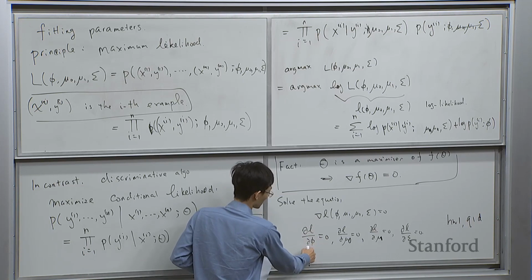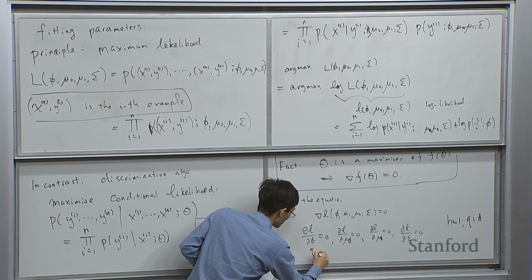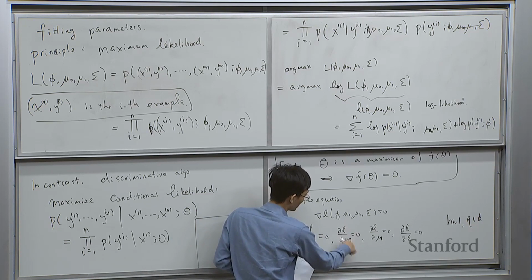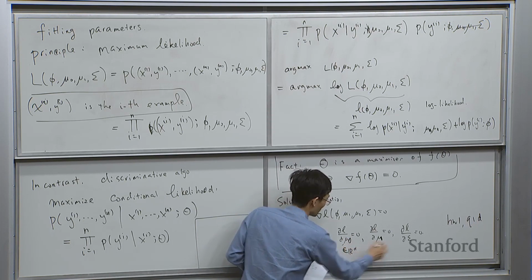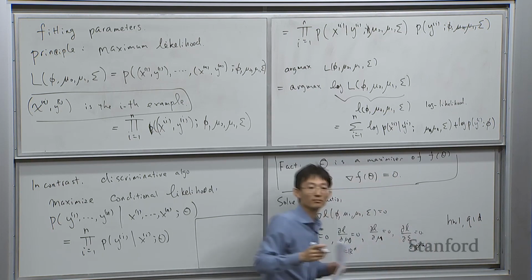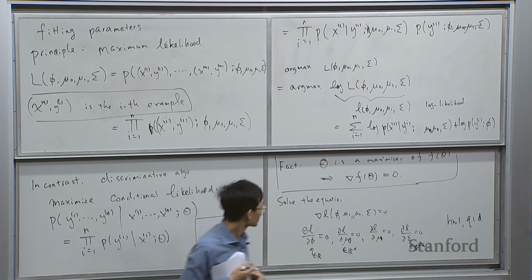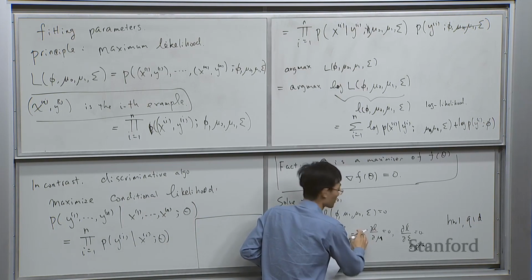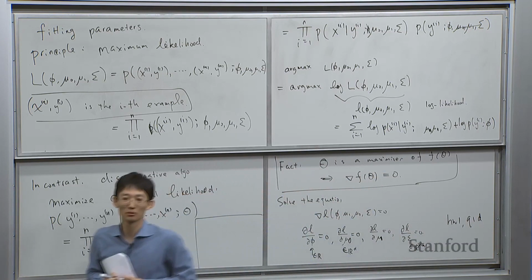So this is a one-dimensional parameter, which means this derivative is a scalar. And this is a d-dimensional vector, mu0, so the derivative is in R^d. And this is in R^(d by d). Only the first zero is a scalar? Right, so this is 0 as a zero vector, and this is a zero matrix. Thank you. That's good.